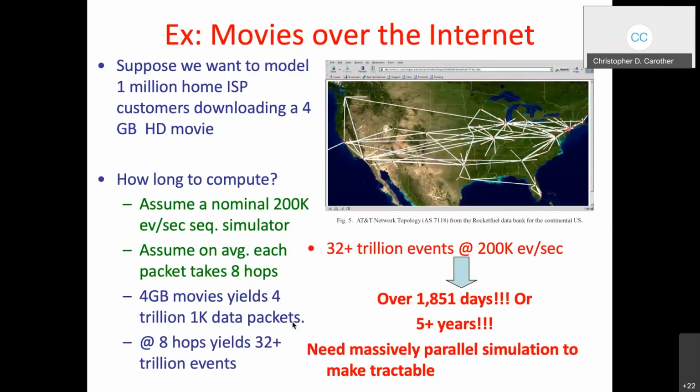You end up with something like a 32 trillion event simulation. This is just one simulation of this, by the way. If you do the math, it's something like 5 years of compute time. So not very reasonable to even think about doing it this way.